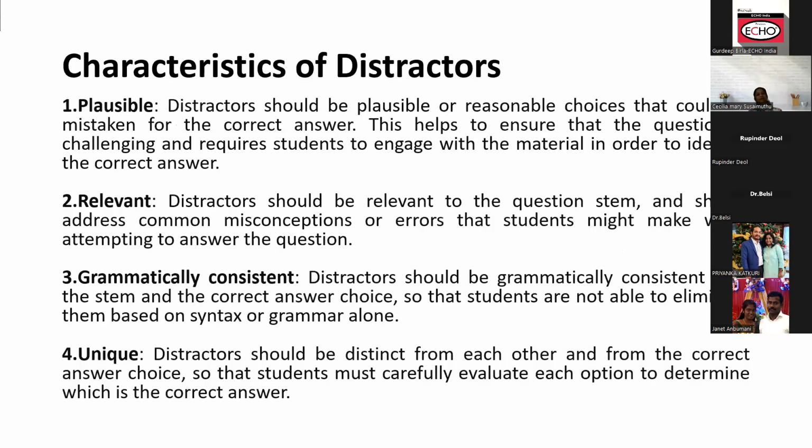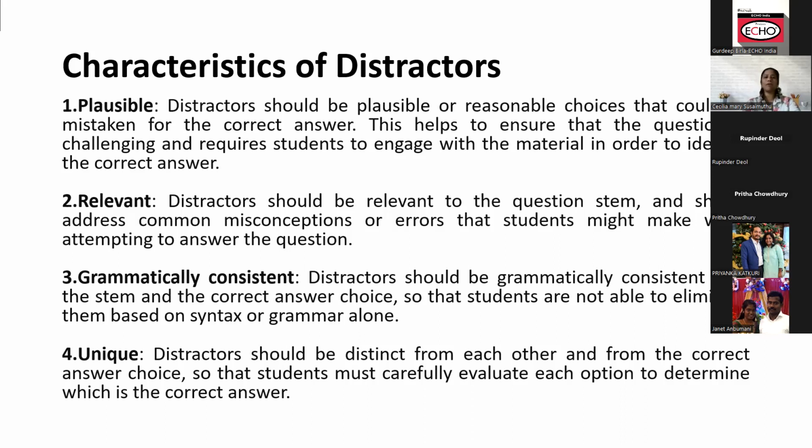Then coming to the distractors, we had plausible distractors. Distractors should be plausible and reasonable choices. Here, when I say that an Apgar score of 9 indicates normal, mild, moderate, severely depressed, instead of that, if I put indicates respiratory distress syndrome, meconium aspiration syndrome, hyperbilirubinemia, will that be an effective choice?